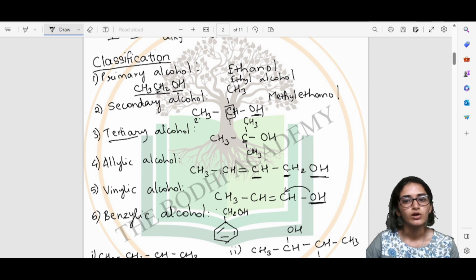We can call it 1-methyl ethanol or methyl ethanol, it is no problem. Any way you can write methyl ethanol. Why have we written methyl here? Because it acts as a substituent and the rest is this chain.